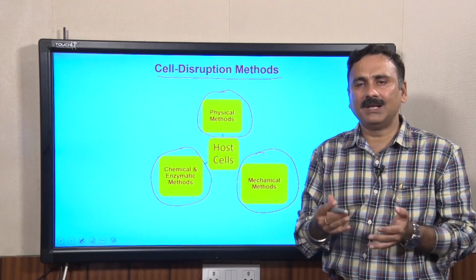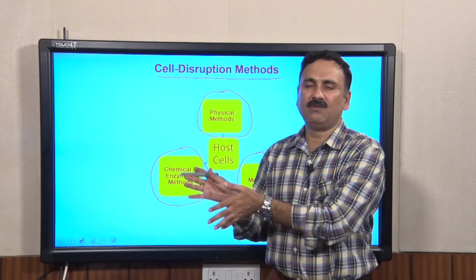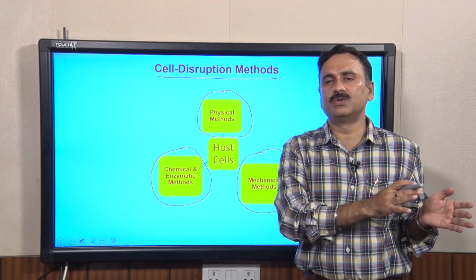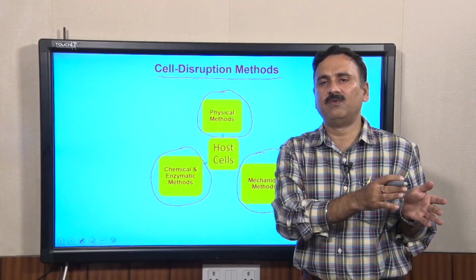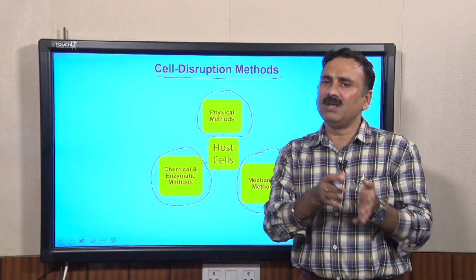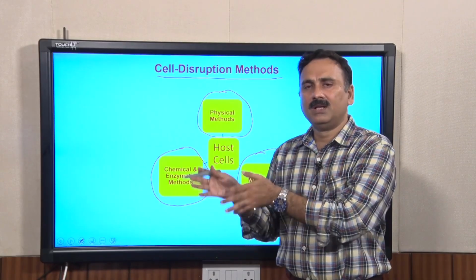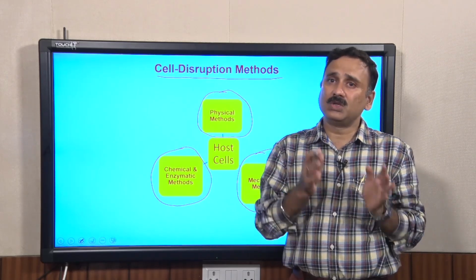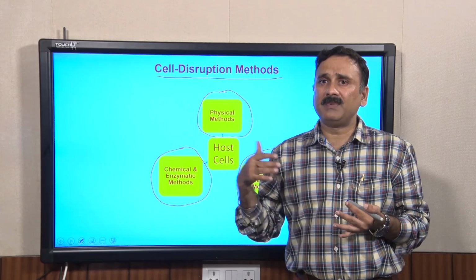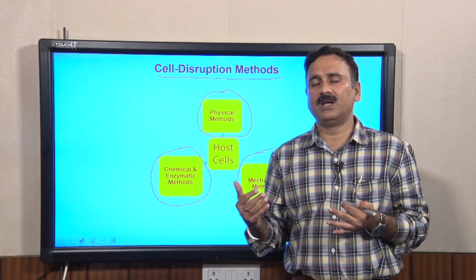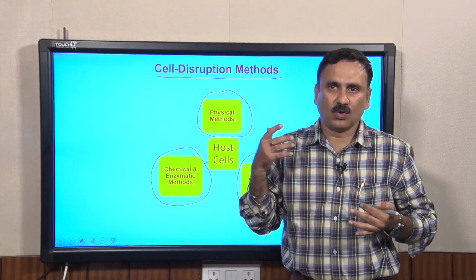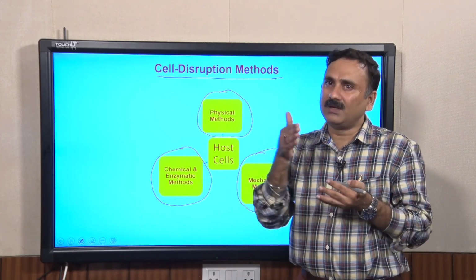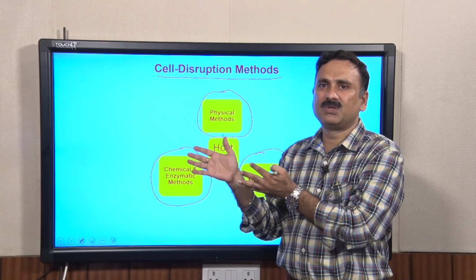If it is a plant cell, you use one set of cell disruption methods. If it is a bacterial cell, you use a separate set, and if it is an animal cell, you use another method. In addition, it also depends on the kind of product you are expressing in your host cells. If the product is thermostable, then you have a different set of cell disruption methods.